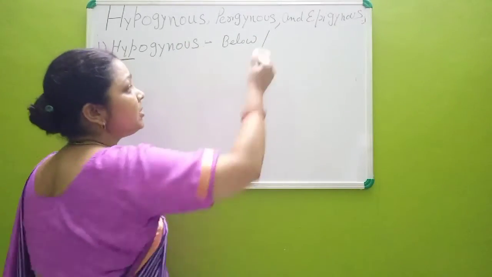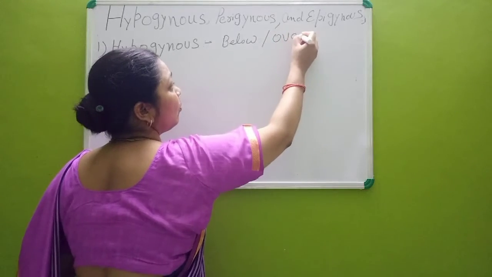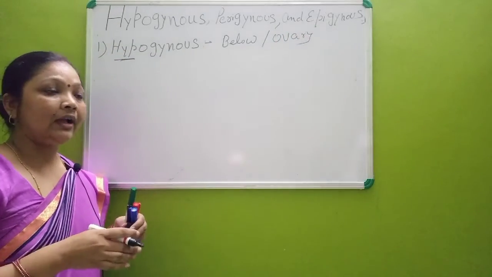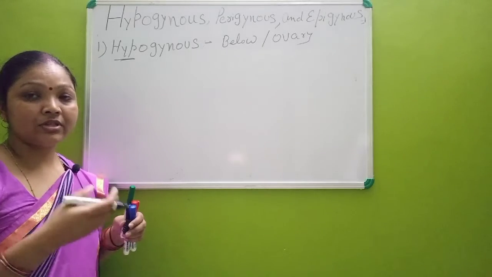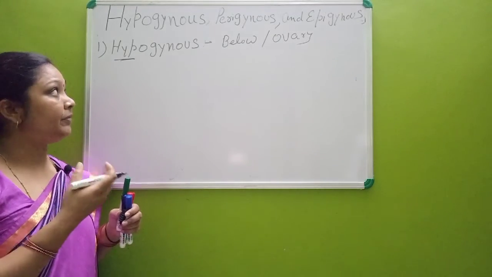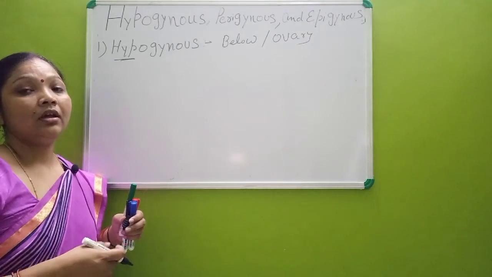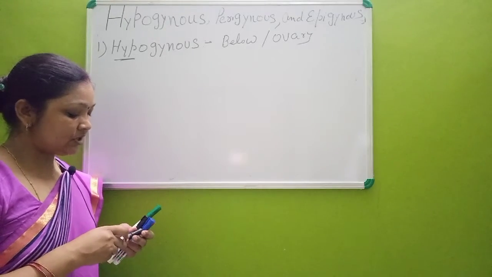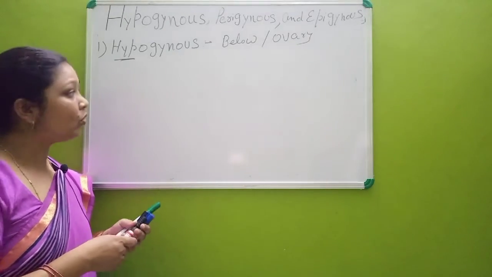That is, below the ovary. And to understand the meaning of hypogynous, we'll draw a structure of a flower which contains a hypogynous ovary.